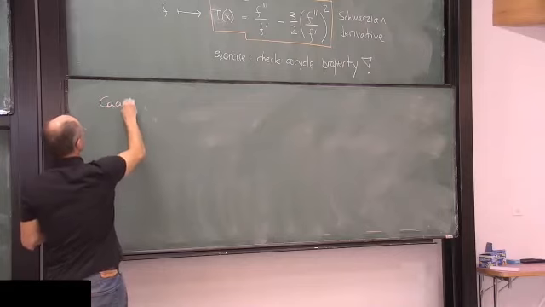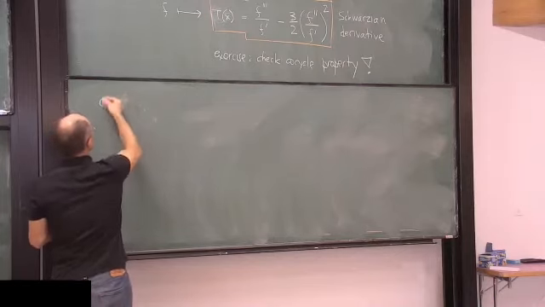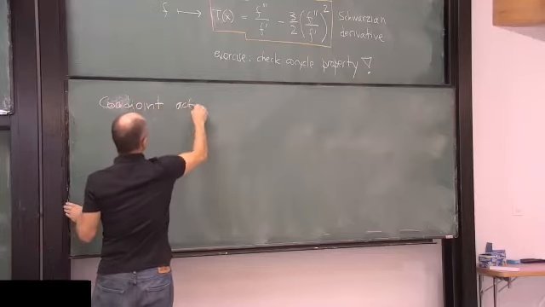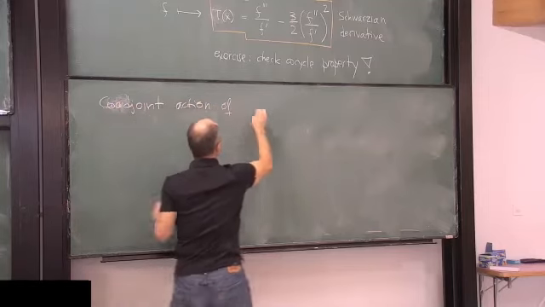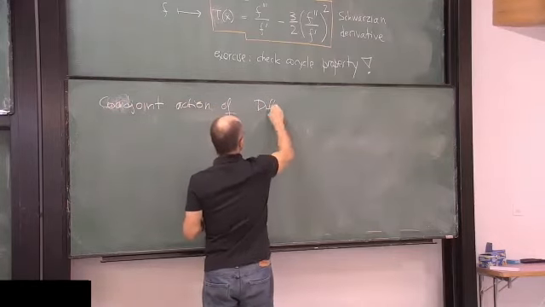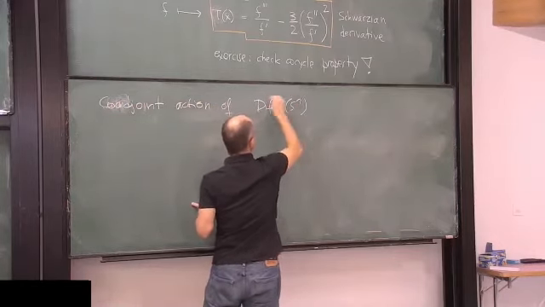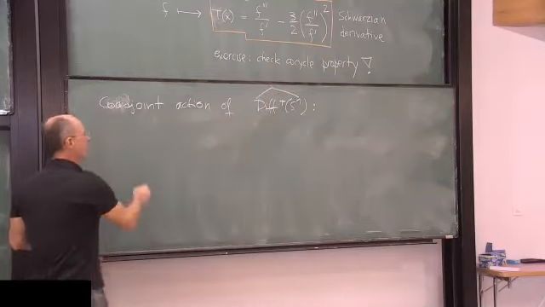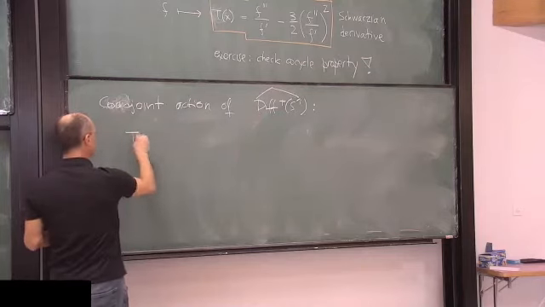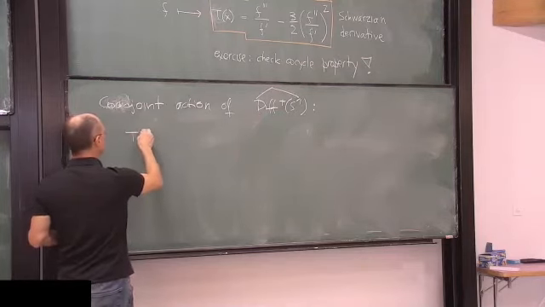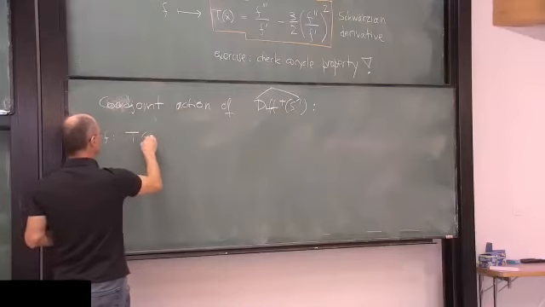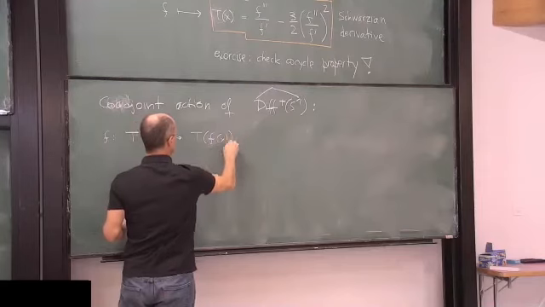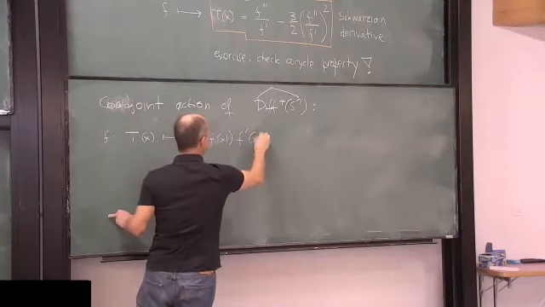So the coadjoint action of Diff plus S1 hat: again, let me not write dx squared. So f sends T of x to c of f of x, f prime of x squared.